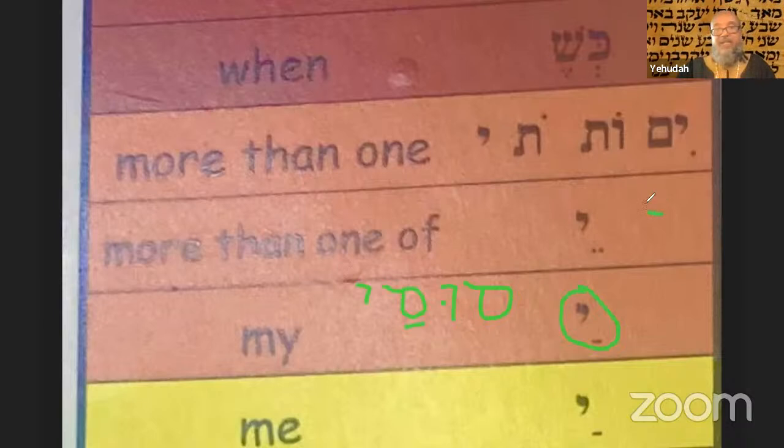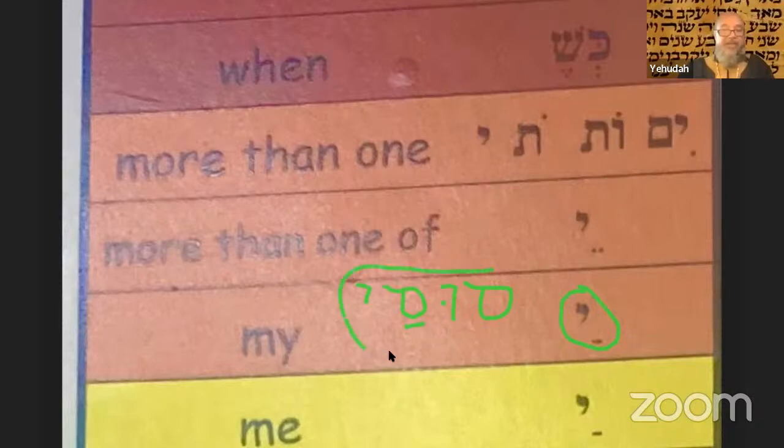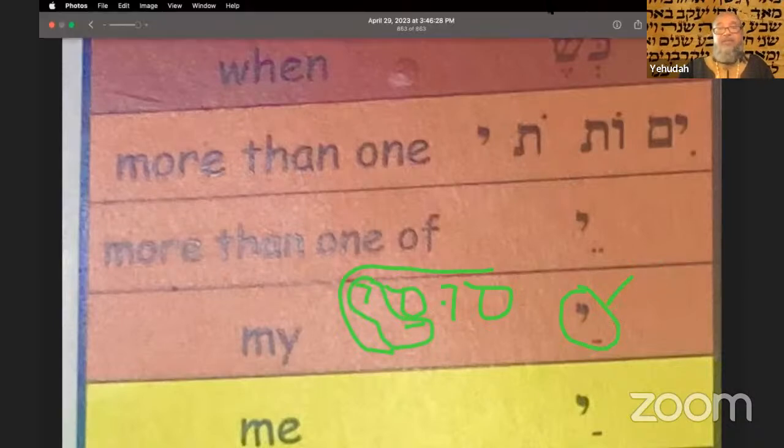Because this sound right here, this mark and this right here, is called i. So how would I say this down here? Susi. Perfect. The i part is just right here. So they're adding this to let you know that it's my. Okay, susi.